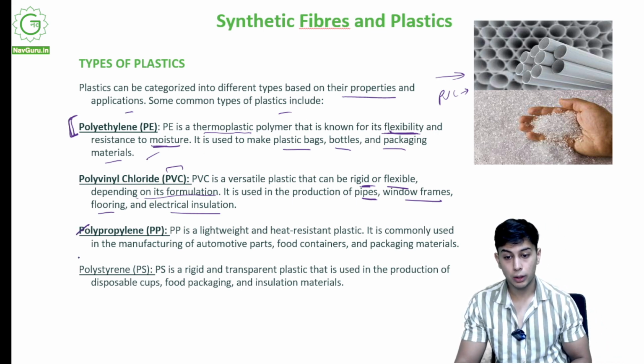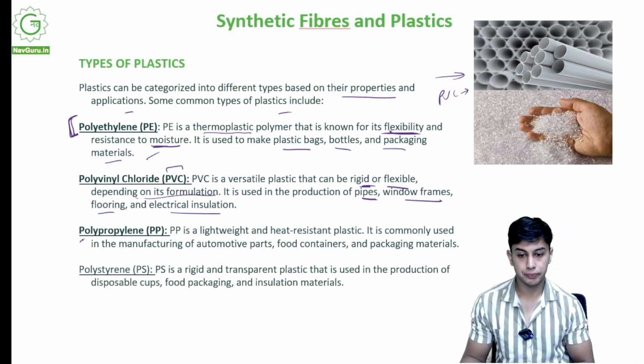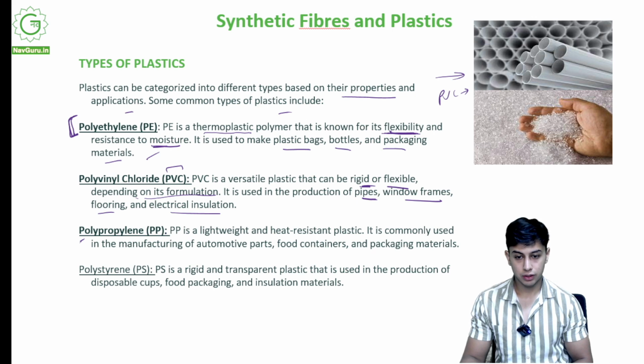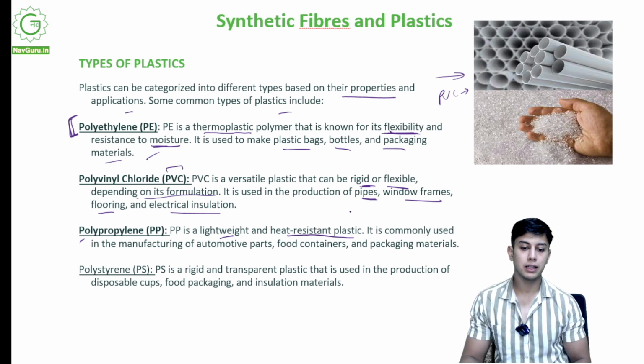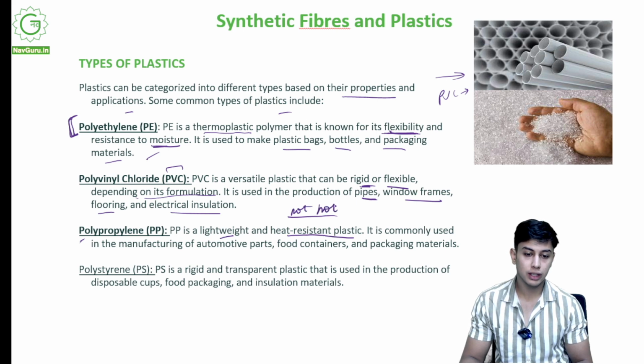Polypropylene, PP. The short form is PP. It is a lightweight and heat resistant plastic. It is very light and has high heat resistance, so it will resist heat and will not get hot easily.